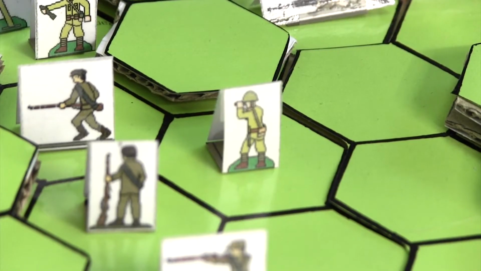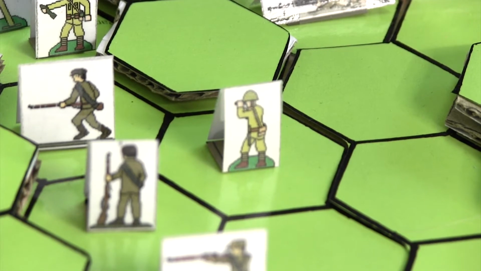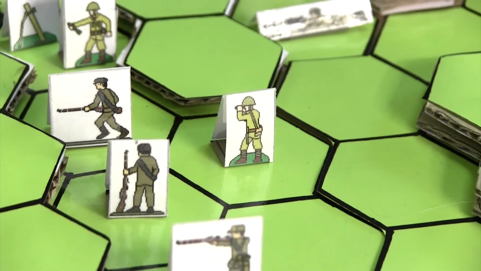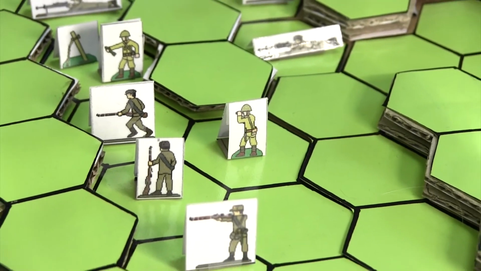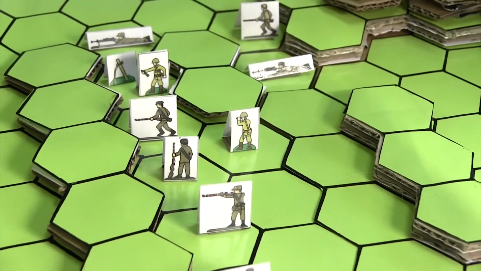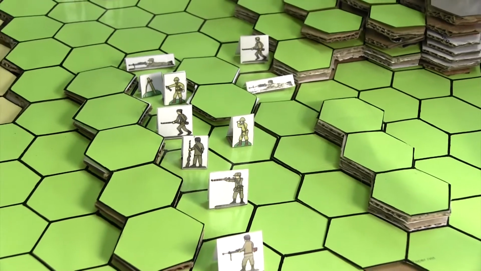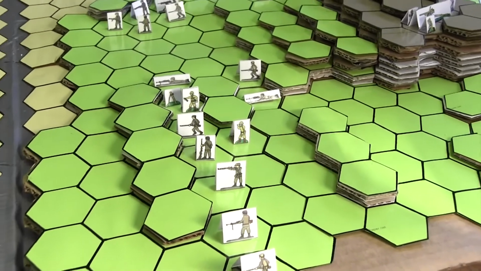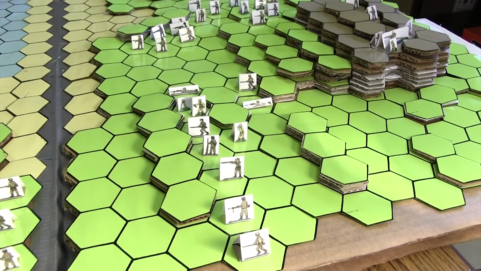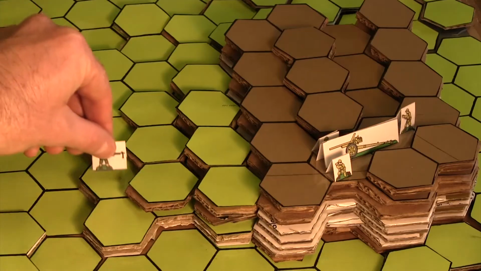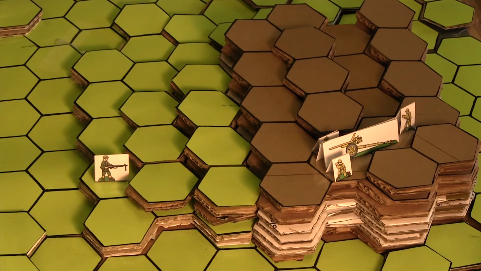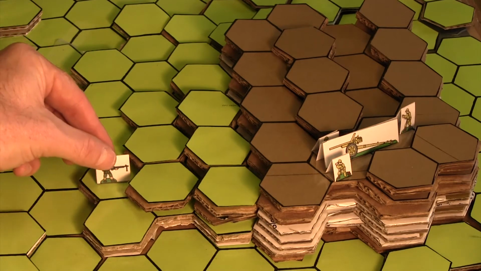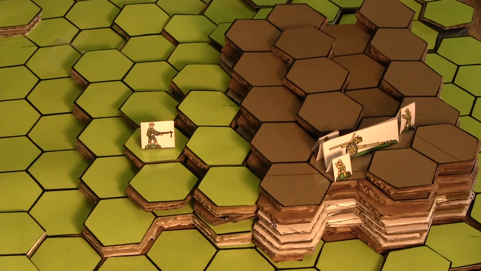Any unit behind a 1 rise level will be protected by a -1 of any dice roll aimed at them. Any unit behind a 2 rise level will be protected by a -2 of any dice roll aimed at them. Units can move or cross a 1 to 2 rise in one move.